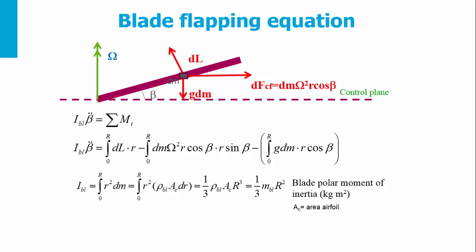The centrifugal moment, which is the centrifugal force multiplied by the arm, r cosine beta, and the gravity moment, which is actually the gravity force multiplied by the arm, r cos beta. For a normal rectangular blade, the blade moment of inertia can be easily calculated and equals the blade mass times R squared divided by 3.